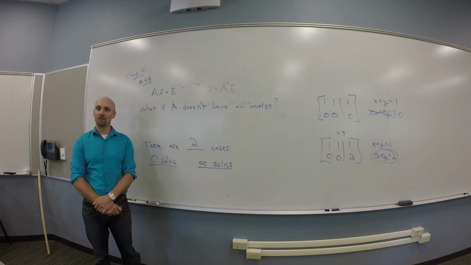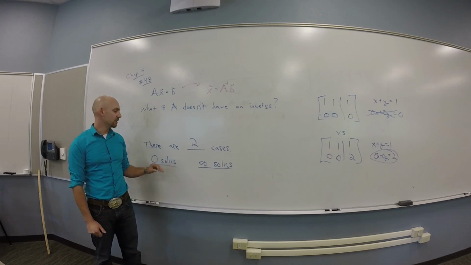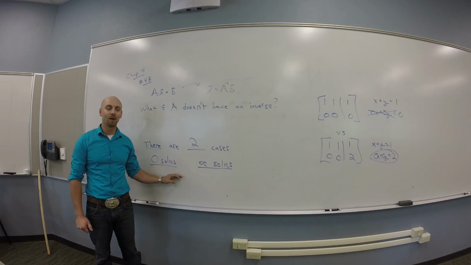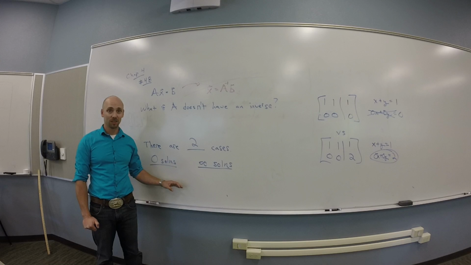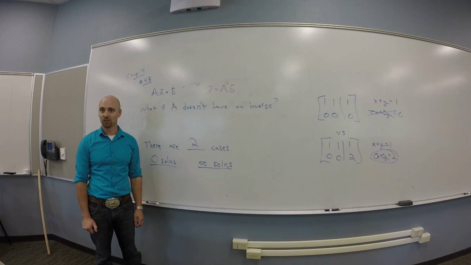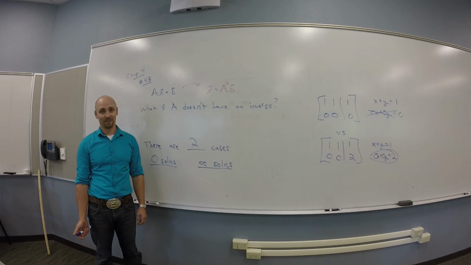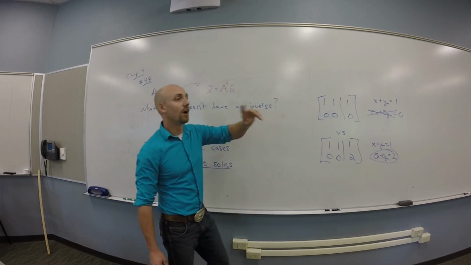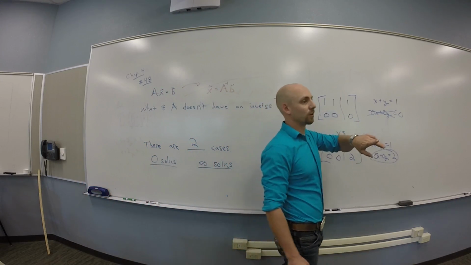So what I want from you on this is there's two cases, either 0 or infinitely many solutions. And the way I would figure out which case is which is what? What's your other tool for solving one of these equations? Not inverses, not converting to variables.